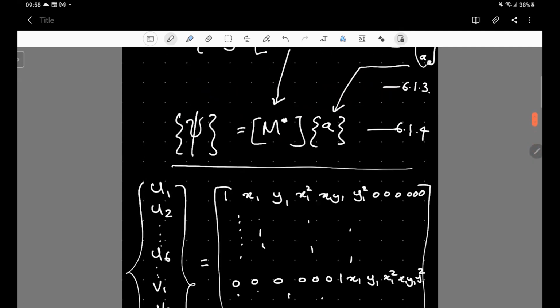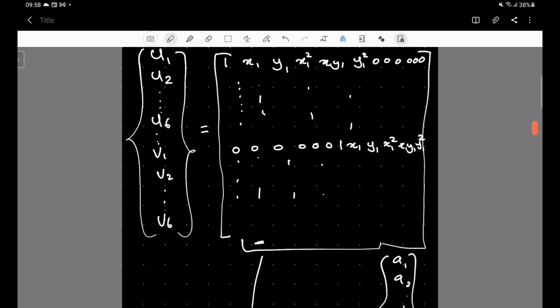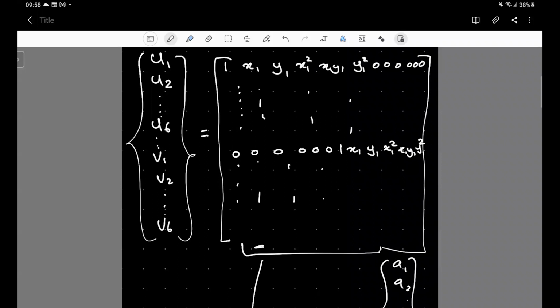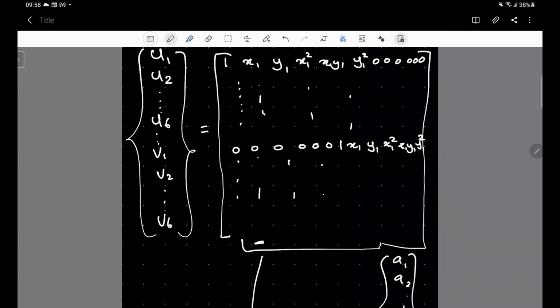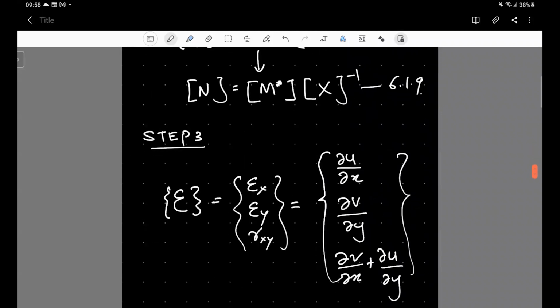Since we already know the nodal coordinates, we are interested in calculating u1 up to v6 by substituting the corresponding nodal coordinates. Here in this equation, you can see we have substituted x1, y1. Similarly, we will be substituting the corresponding nodal coordinates and expressing in terms of the coefficients.